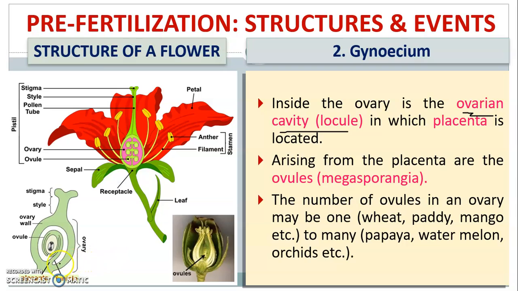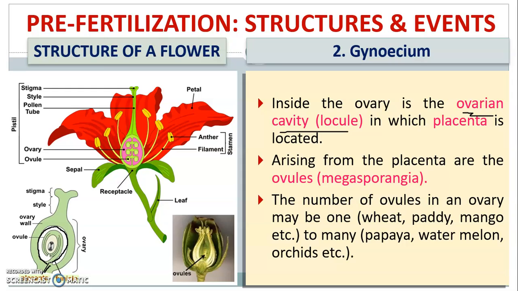In this diagram you can see here is the placenta, and this placenta is connected with the locule, that is the ovarian cavity. Now the ovule arises from the placenta. So you can see here is the placenta, and this complete structure is the ovule.